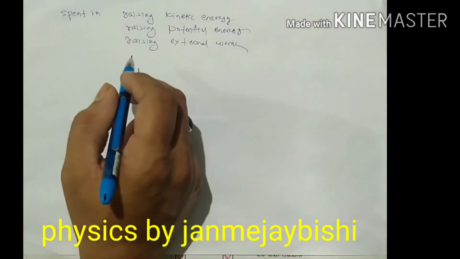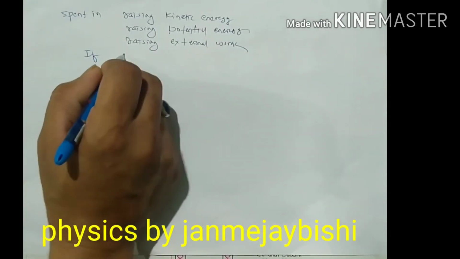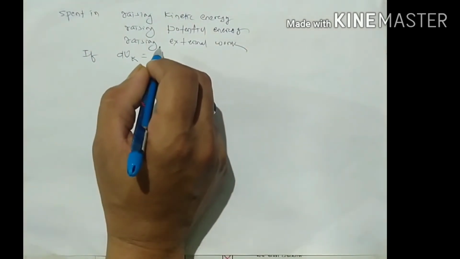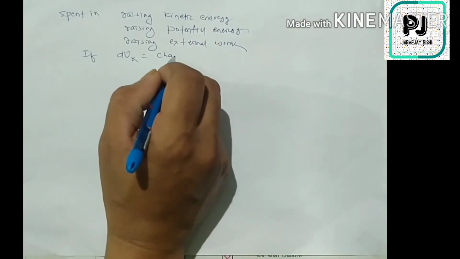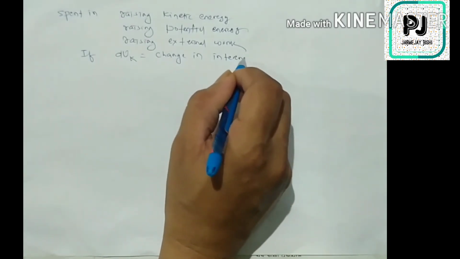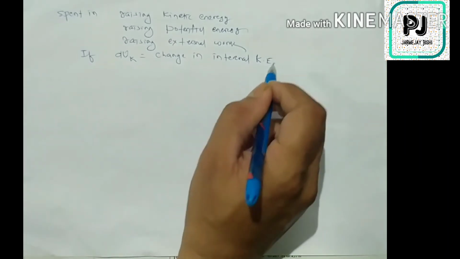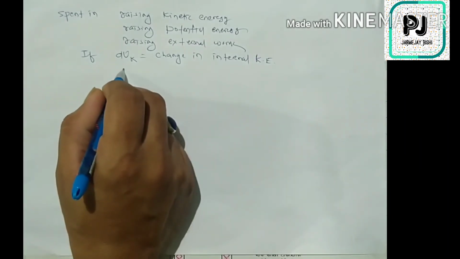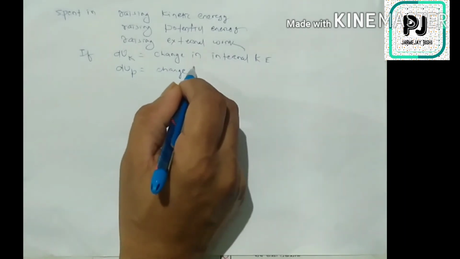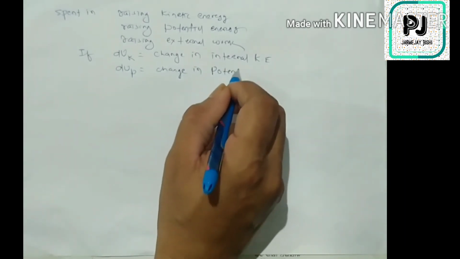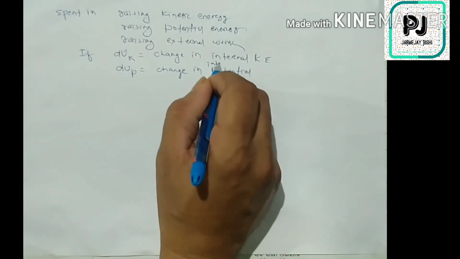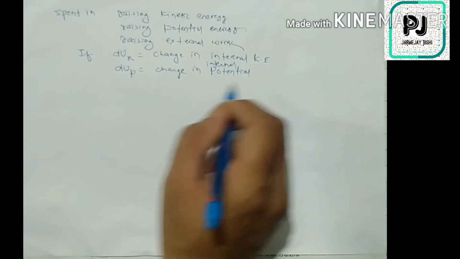So now if we take dU_K, a change in internal kinetic energy, I am writing the key. dU_P you can take the same, that is your change in internal potential energy.